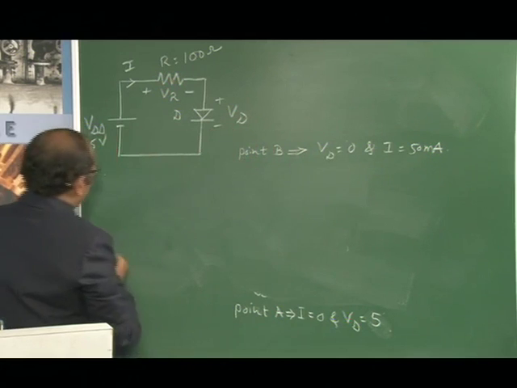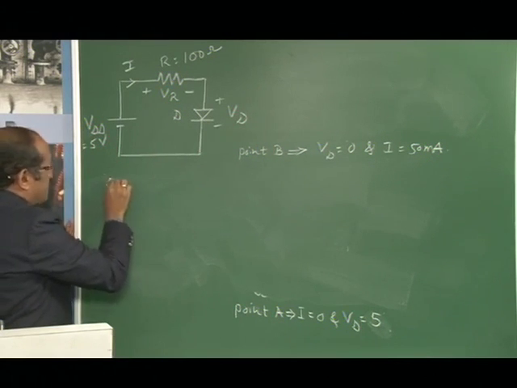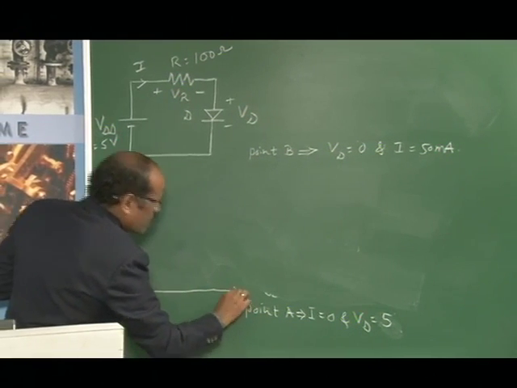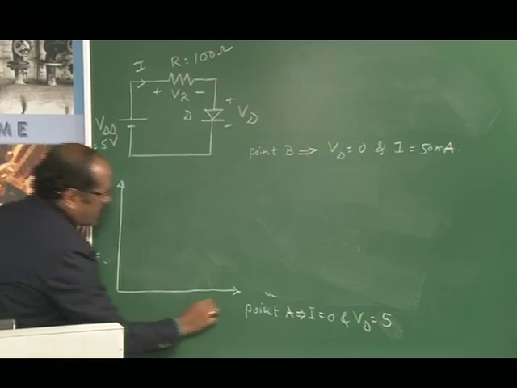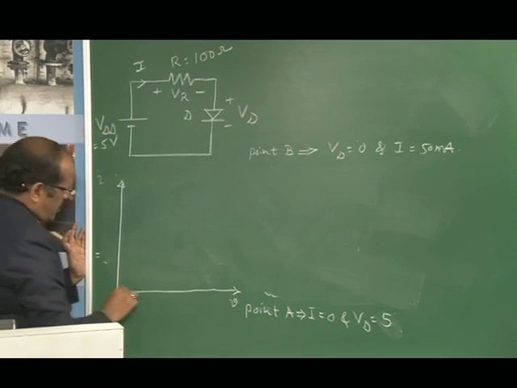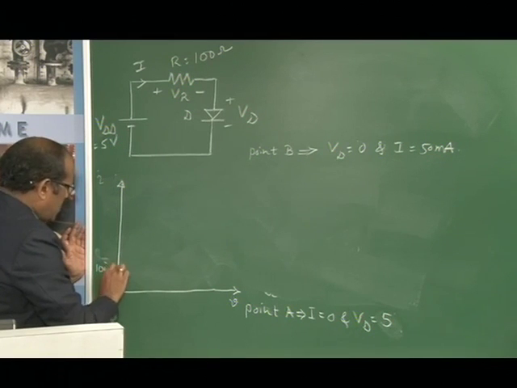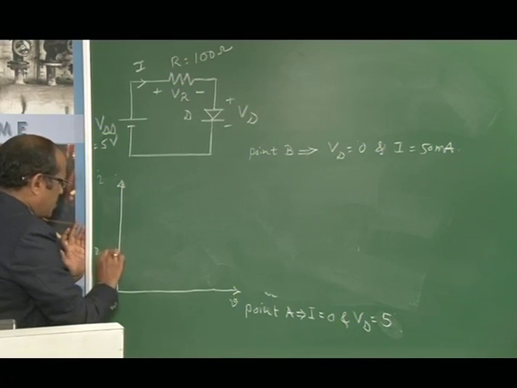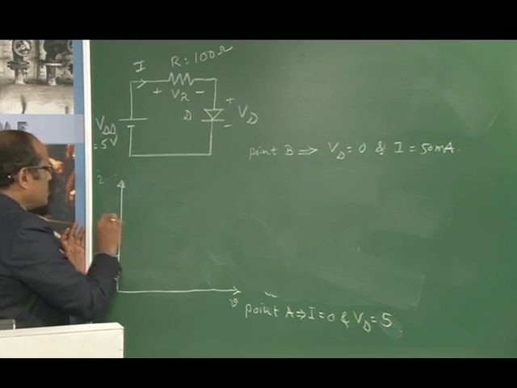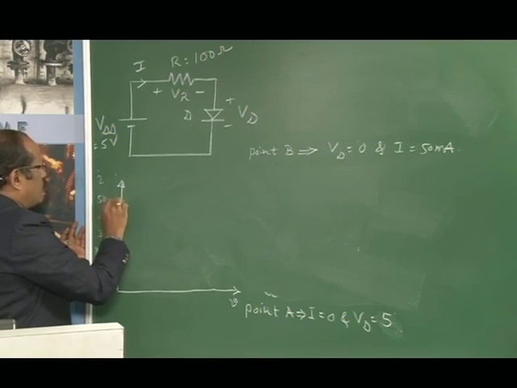In the graphical analysis, we need to draw the axes: this represents the voltage axis and this is the current axis. This is 10 milliampere, this is 20 milliampere, 30 milliampere, 40 milliampere, and finally 50 milliampere.